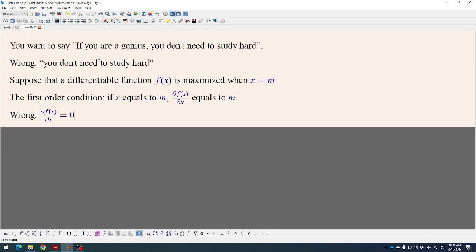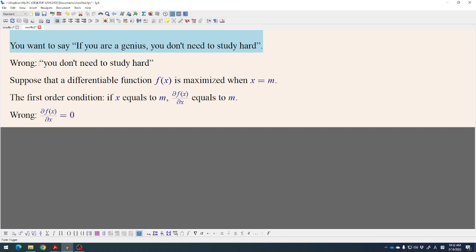Another digression. Suppose that I wanted to tell you, if you are a genius, you don't need to work hard. The statement may be wrong and you may not agree with it, but just as an example. I say this to a student: if you're a genius, you don't need to study hard.